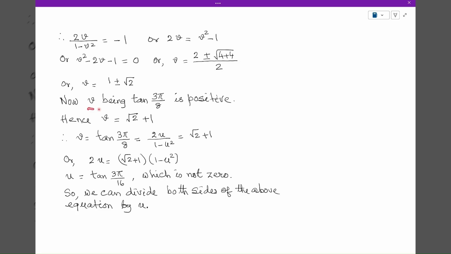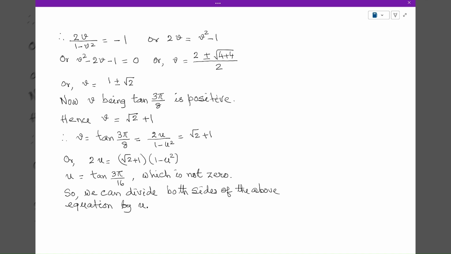Now, v being tan 3 pi by 8, it is positive. Hence, we discard the solution 1 minus square root of 2, which is negative, and take only one value of v, that is v is equal to square root of 2 plus 1. Therefore, v is equal to tan 3 pi by 8 is equal to 2u divided by 1 minus u square, which we found earlier, is equal to square root of 2 plus 1.